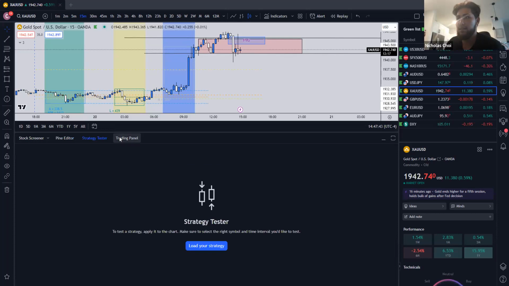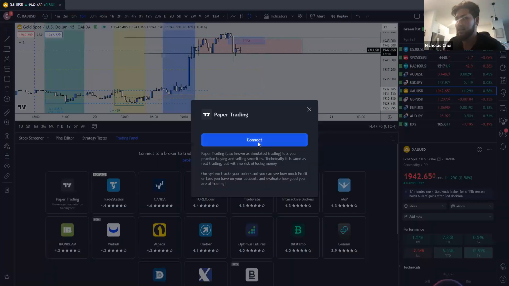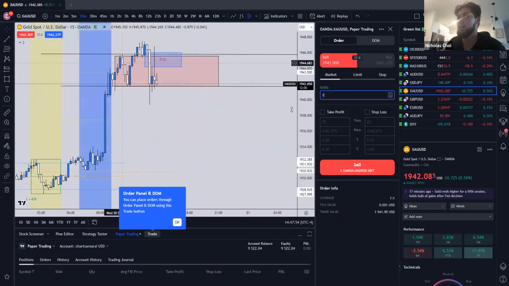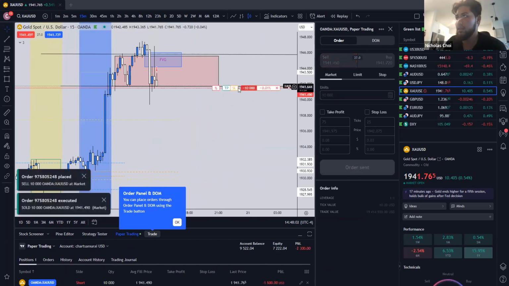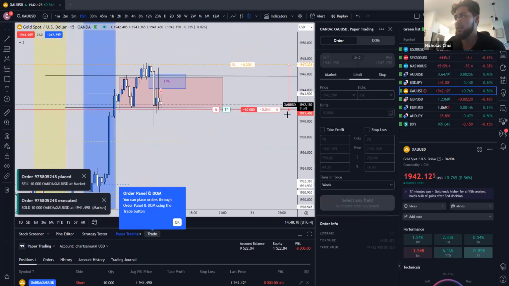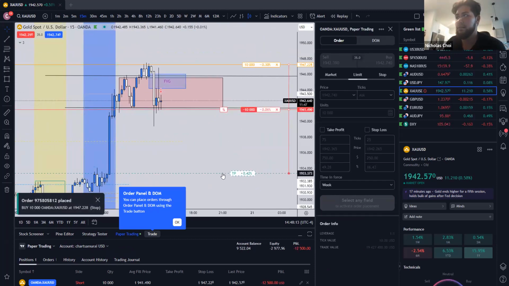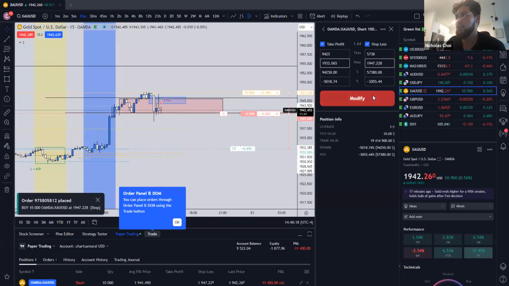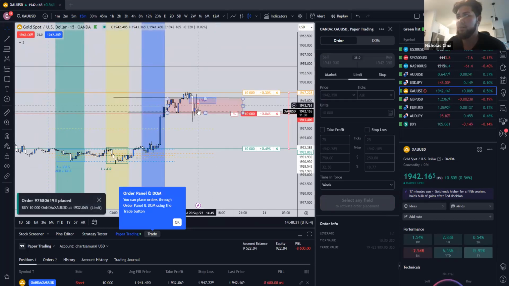Let's do a paper trade on gold. So we said on gold, I wanted to see the 15-minute candle close outside the fair value gap.